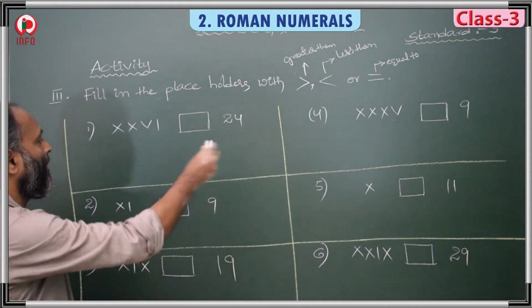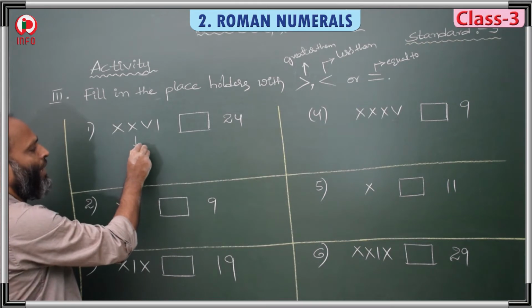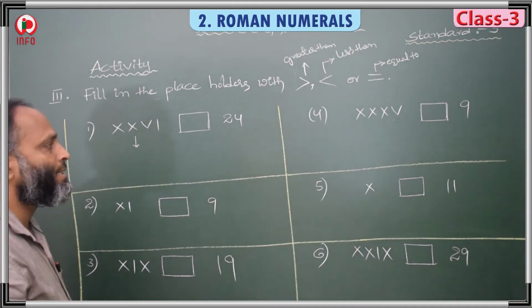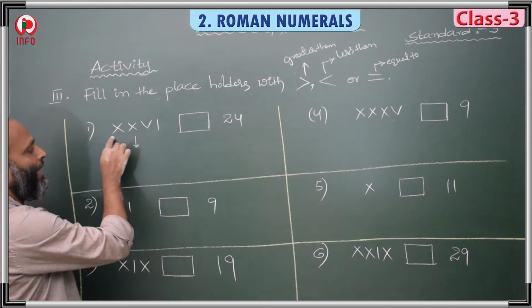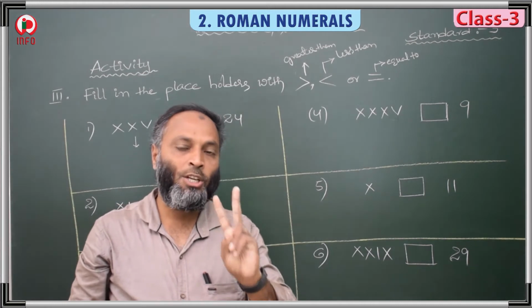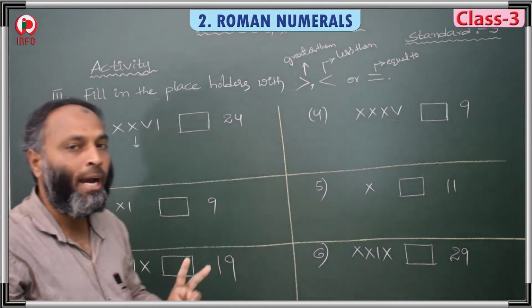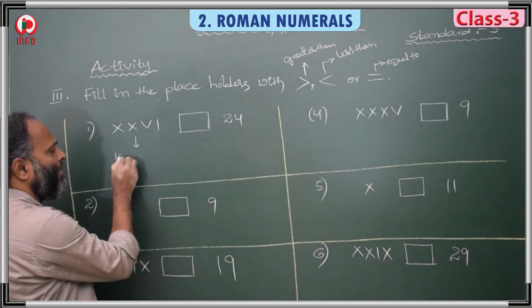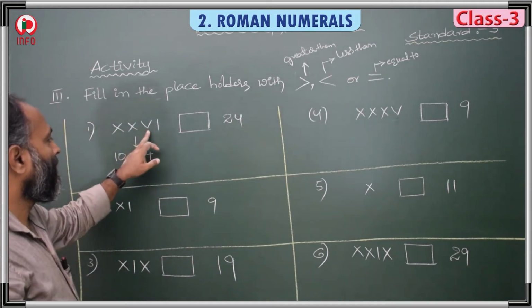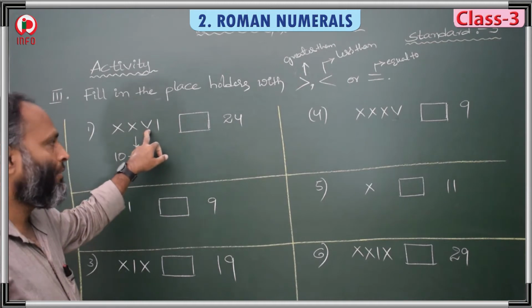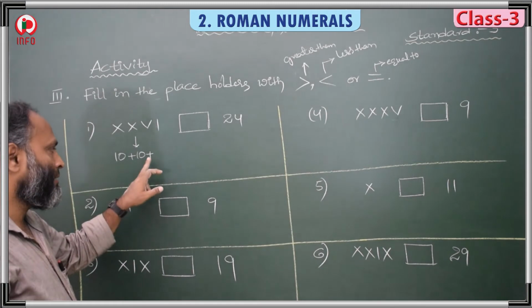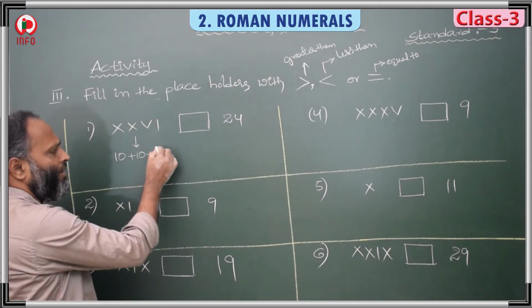First, this number we have to write in the Hindu Arabic system. Here X and X, 10 and 10, repeat twice. Twice means we have to add 10 two times: 10 plus 10. And after that V is there. V means 5. This 5 is lesser than 10, so addition.